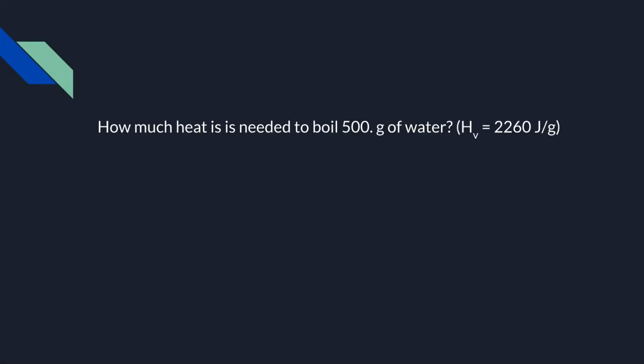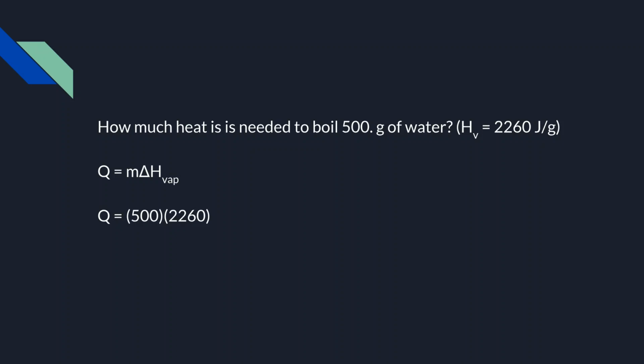So how much heat is needed to boil 500 grams of water? And they give us the heat of vaporization as 2,260 joules per gram. So we use the equation Q equals m times delta H of heat of vaporization.